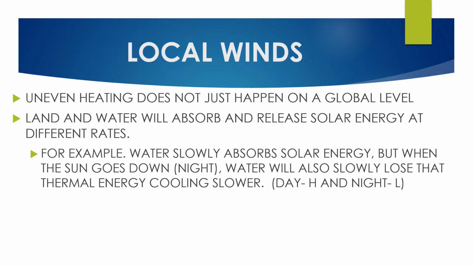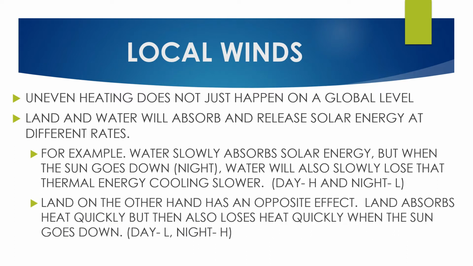Because the opposite effect is going to happen to the land. Land, on the other hand, has the opposite effect. During the daytime, the land will absorb the heat very, very quickly. And then at nighttime, when the sun goes down, the land loses all that heat very, very quickly. Okay, so during the day, as soon as the sun rises and the radiation hits the surface and converts to thermal energy, the solar energy being absorbed heats that ground.